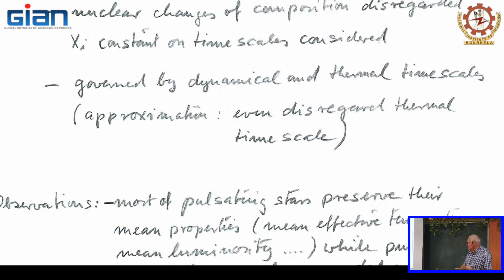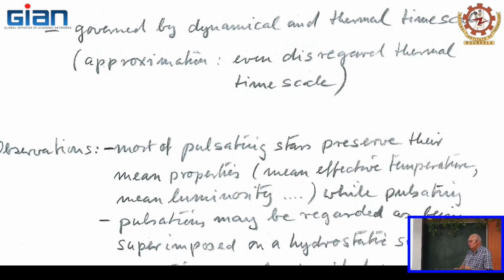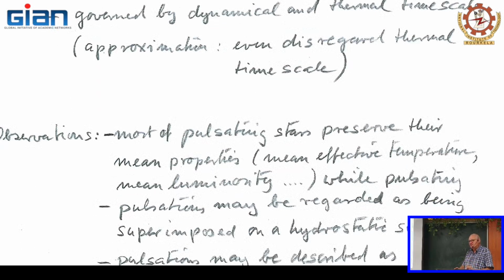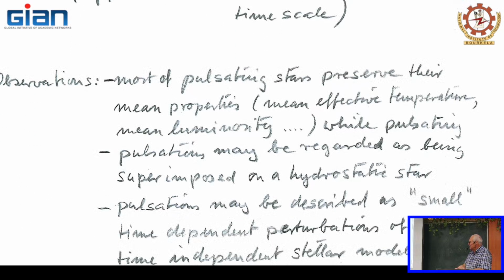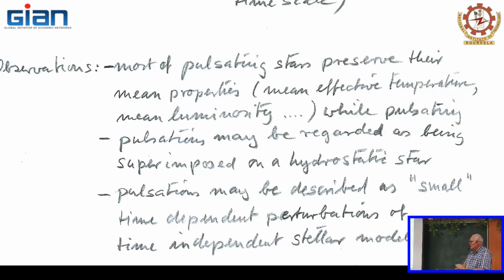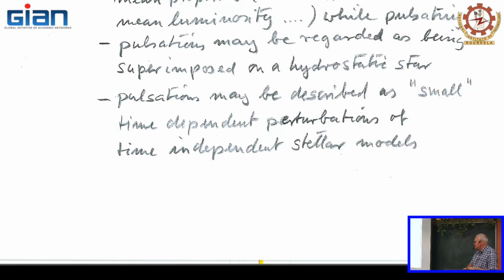That means we are dealing with small changes. Small means changes of the respective quantities, like luminosity, around the mean or the stationary value. So these pulsations are small variations of the mean quantities. Pulsations are described as small time-dependent perturbations of the time-independent stationary or hydrostatic stellar model.